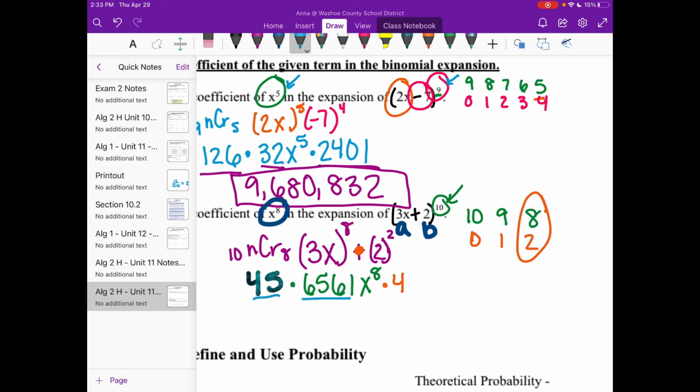So all I have to do next is multiply, multiply, multiply, and get a really, really big number. So we'll go ahead and do that. So 45 times 6,561 times 4 is 1,180,980. That would be the coefficient on that x to the 8th term.